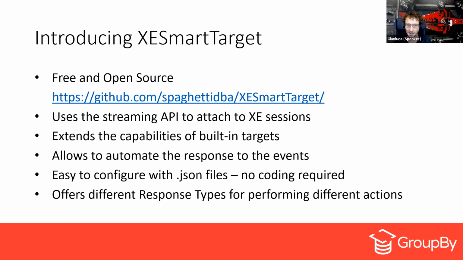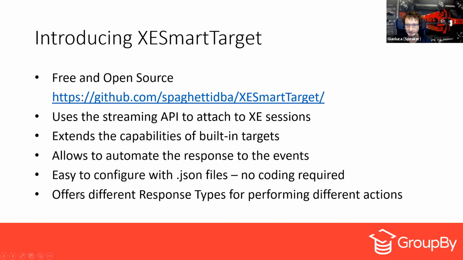All you will have to do is write some configuration options in a configuration file, which is a simple JSON file. And at that point, XESmartTarget will take care of executing the responses that you configured by taking your configuration options and setting them in the response types.